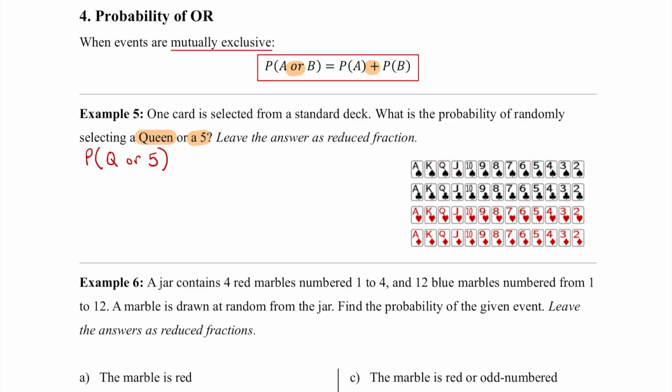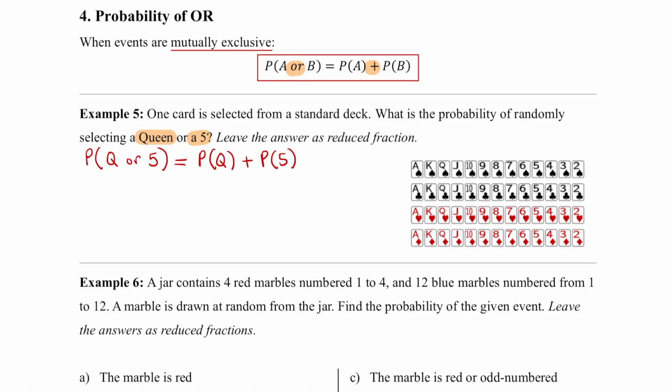So no, one single card cannot be both a queen and a 5. So these events are mutually exclusive. Since being a queen and being a 5 are mutually exclusive, we are going to use this formula. Probability of queen or 5 equals probability of queen plus probability of 5.